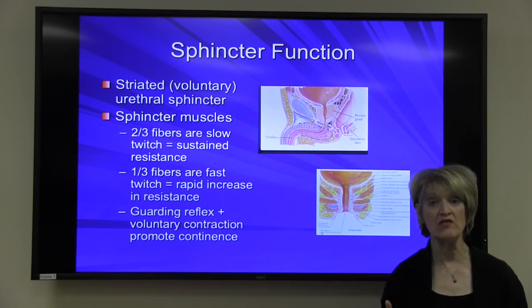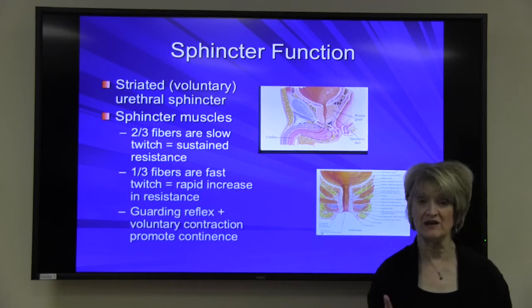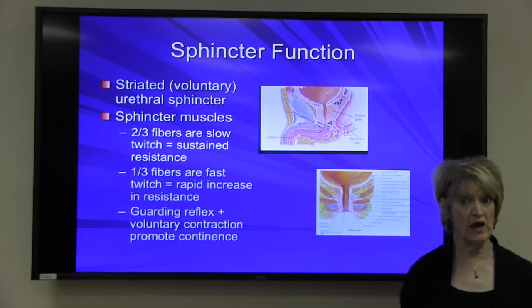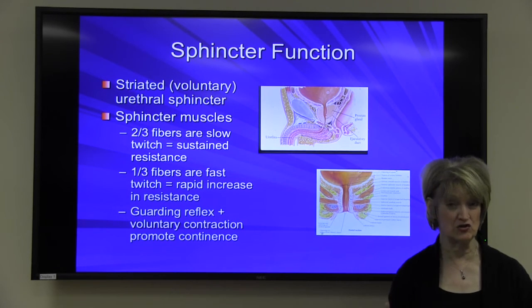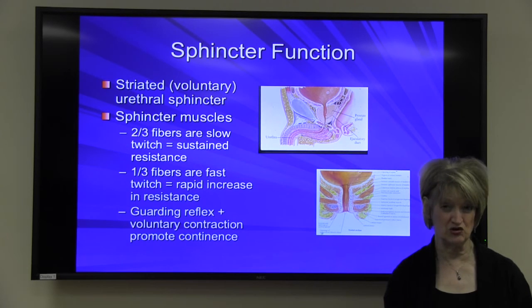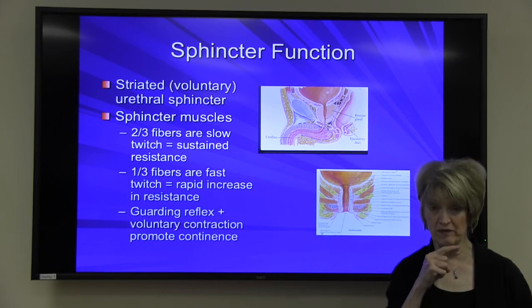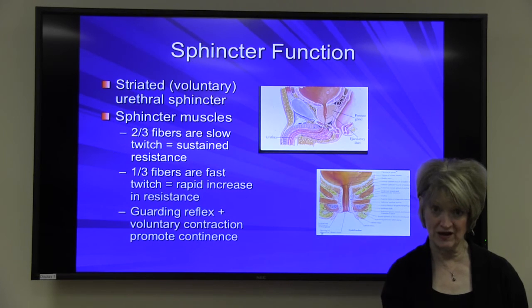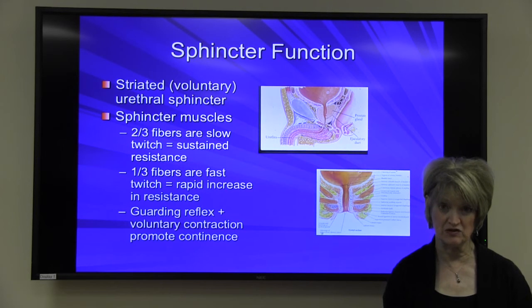But notice that 1/3 of the muscle fibers are fast twitch. So when your bladder's really full and you're trying to make it to the bathroom and you contract your pelvic floor muscles, you do a Kegel exercise. If you're about to sneeze or cough and you engage your pelvic floor, now you're engaging the fast twitch fibers. So 1/3 of your fibers are fast twitch.